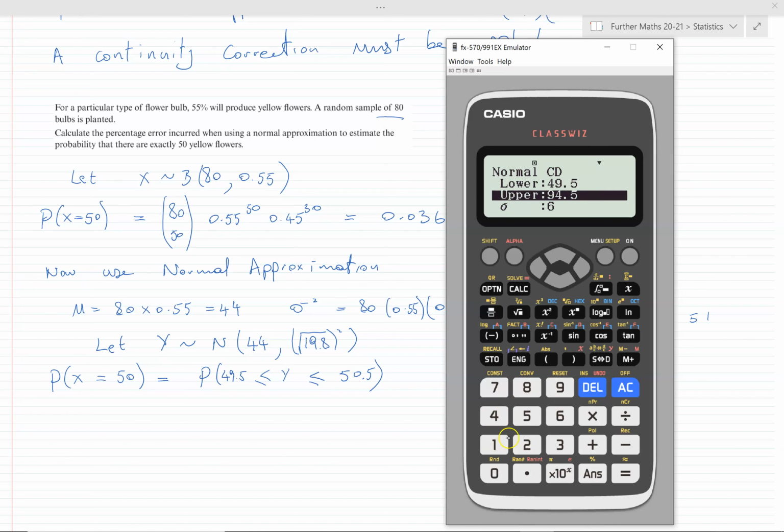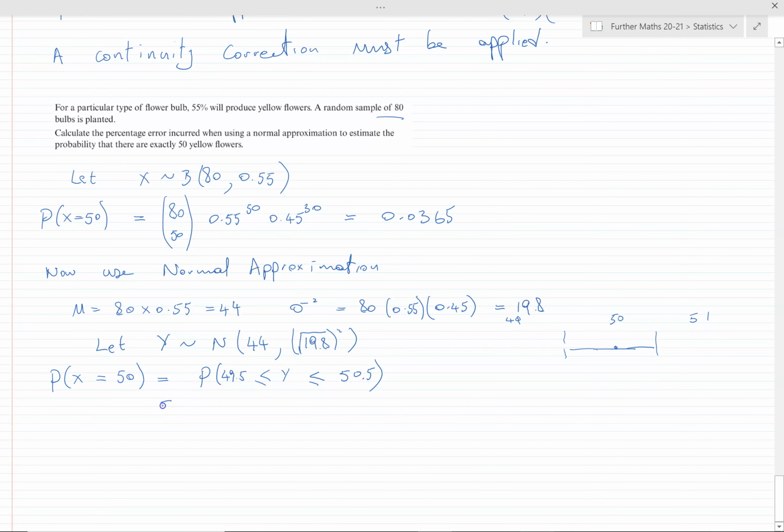The upper value we want is 50.5. The standard deviation, be careful, not the variance, so that's the square root of 19.8. And the mean is 44. Okay, and that comes to 0.0362 to 4 decimal places.